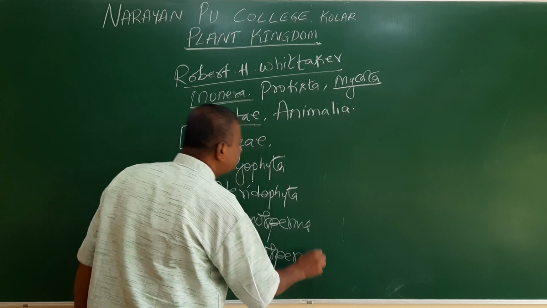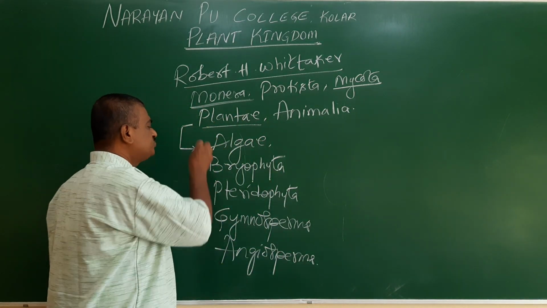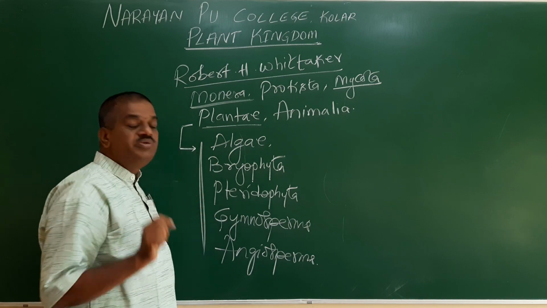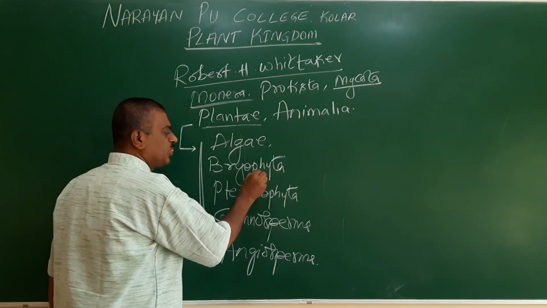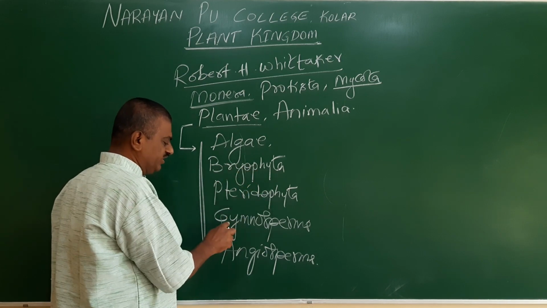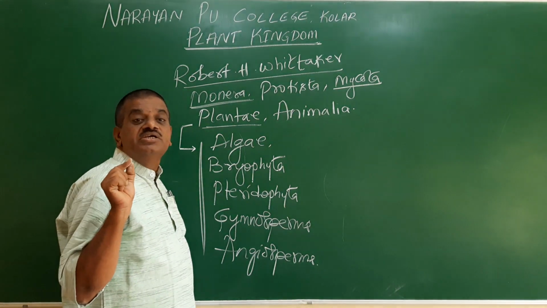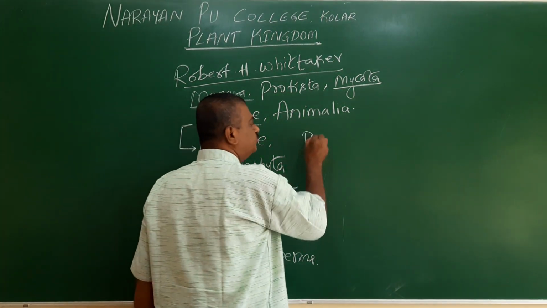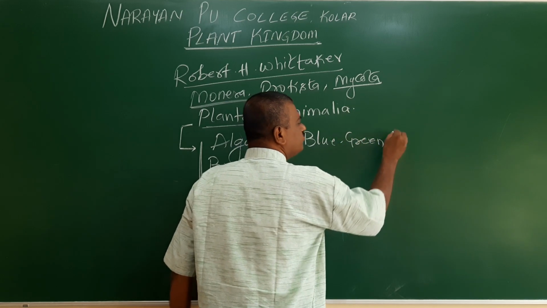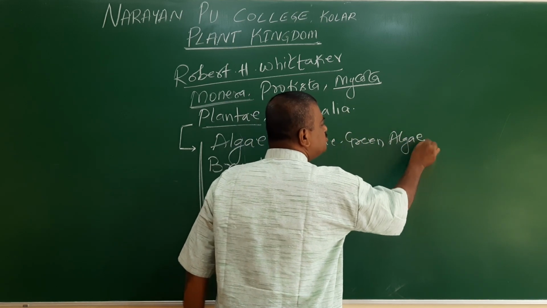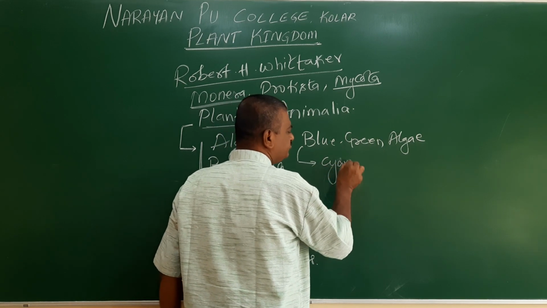So here in the plant kingdom or Plantae, he has made 5 divisions: Algae, Bryophyta, Pteridophyta, Gymnosperms and Angiosperms. Whereas blue-green algae is being included under cyanobacteria.